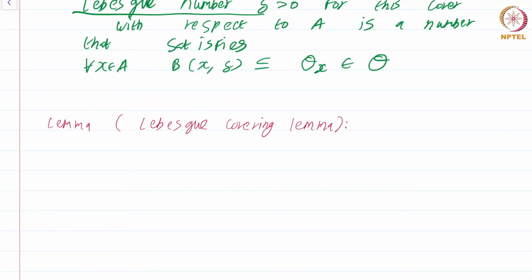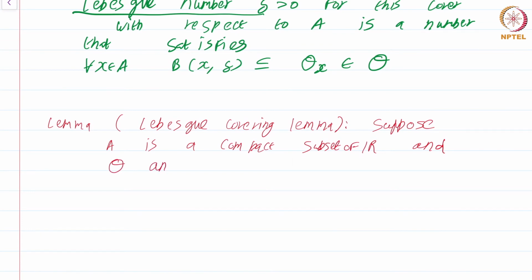Suppose A is a compact subset of R and O an open cover.